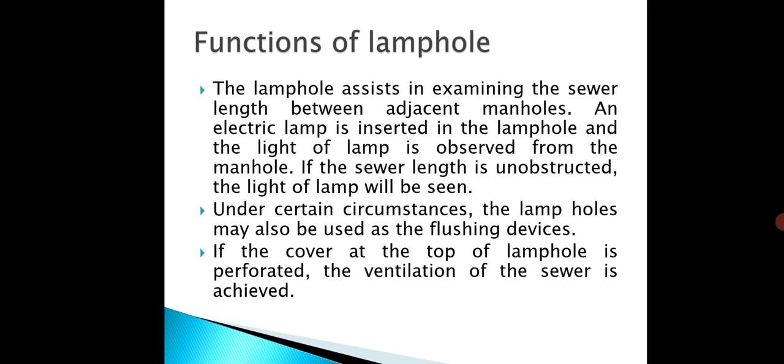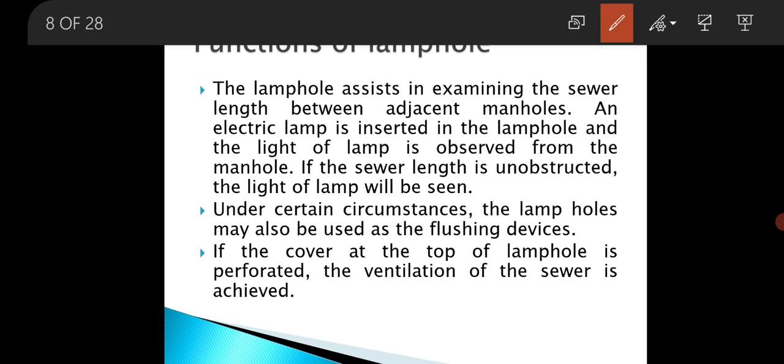Then what are the functions of lamp hole? The lamp hole is mainly provided for the purpose of inspection. So this lamp hole will assist in examining the sewer length between adjacent manholes.